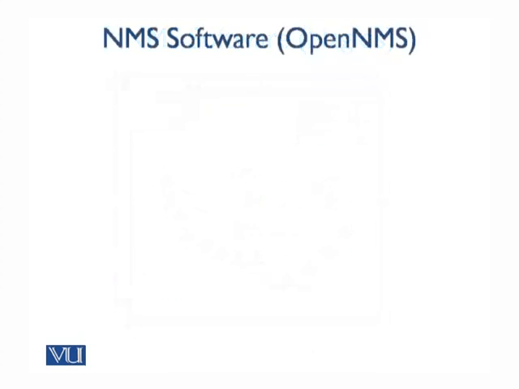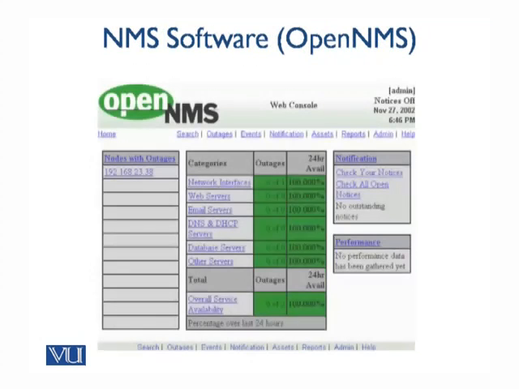In the same space as Nagios, you also have OpenNMS, which is a very popular open source free NMS solution, in which, as you can see, we have a dashboard in which the various devices are being monitored. And you can also set up alarms here and also various kinds of notifications. So this is very useful, and this is based on SNMP.